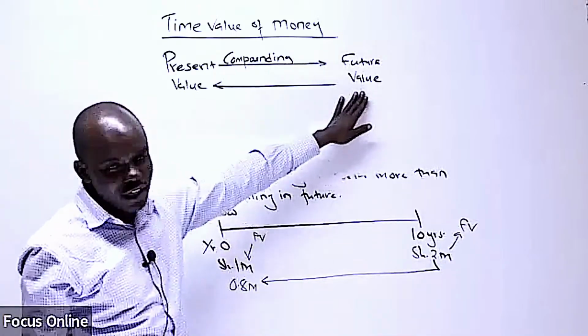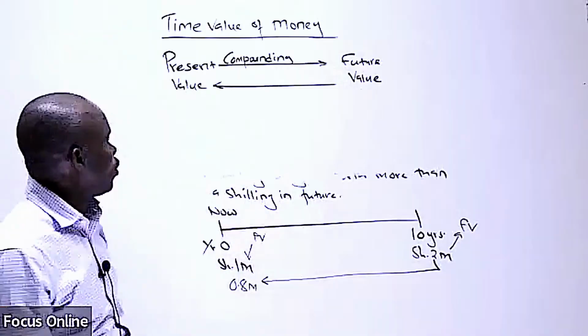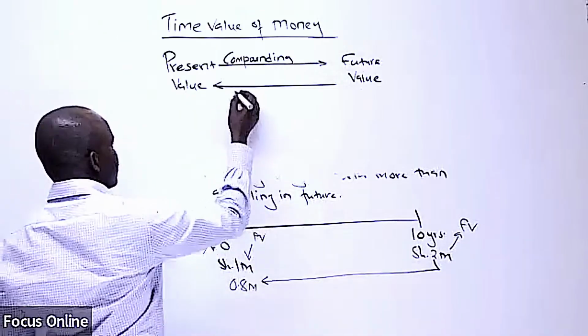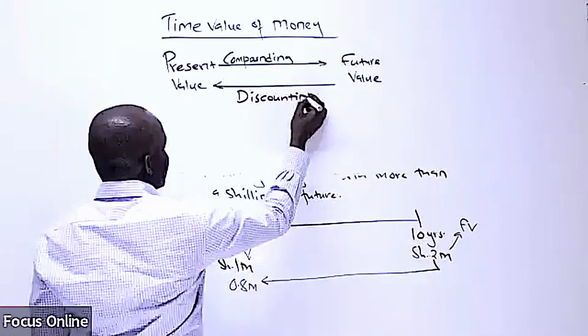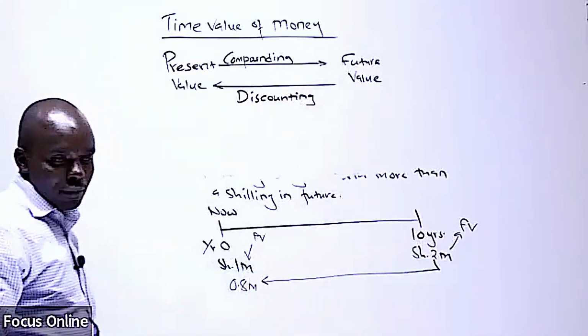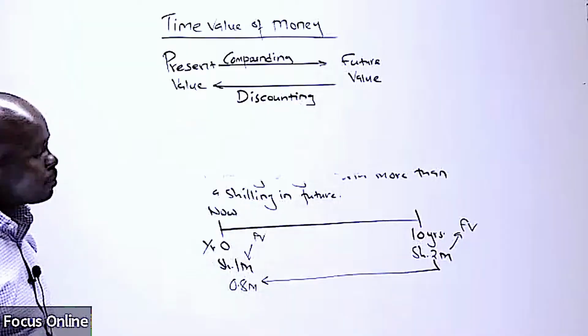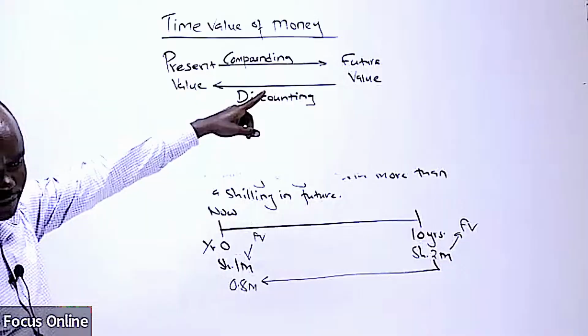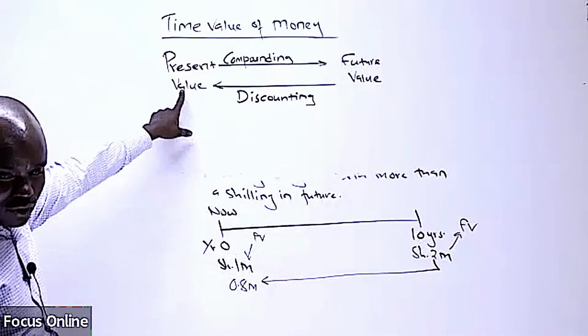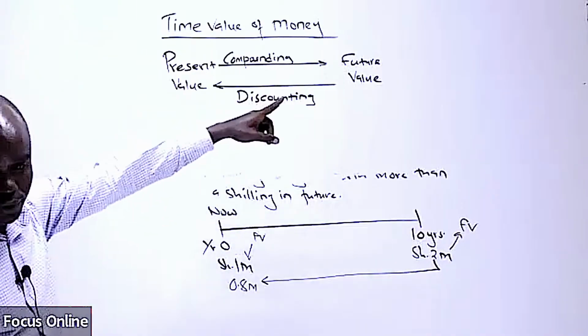Working from future value to present value, we call it discounting. Discounting is the determination of a present value from a future value.